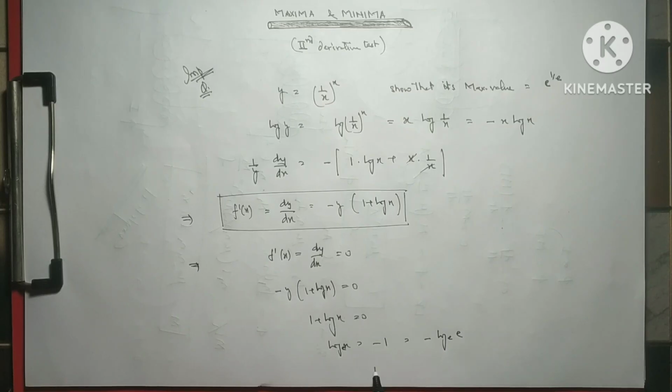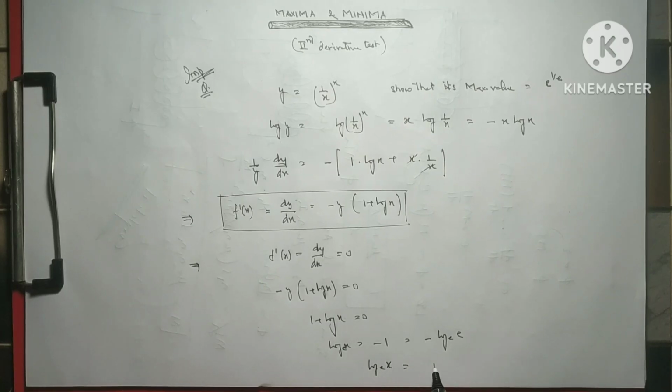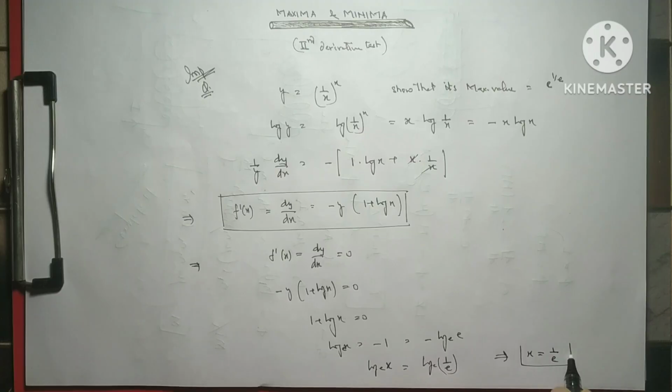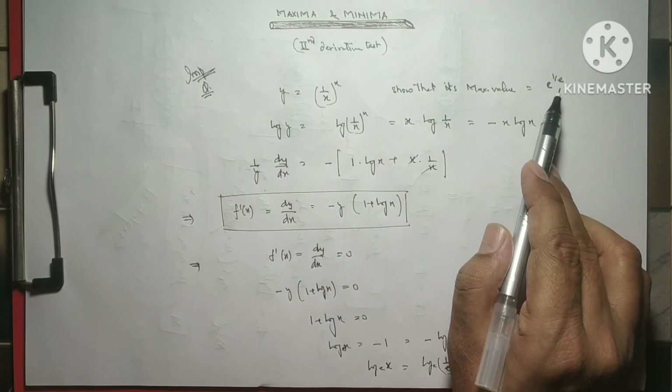So we get x, log x is log of 1 over e. So we get x equals 1 over e. So this is the value at which we will show the maxima, and its maximum value is e raised to 1 over e.